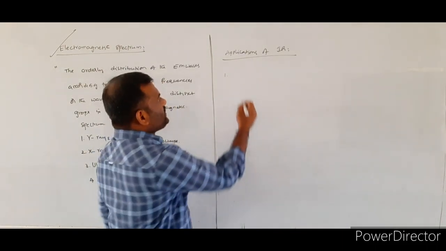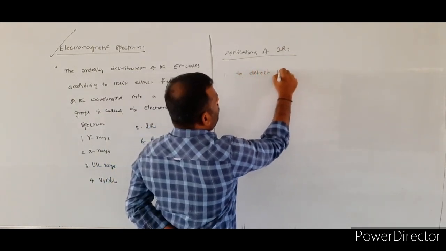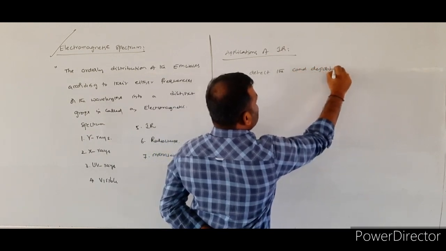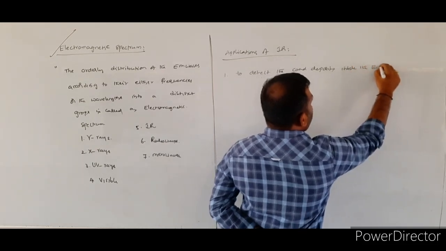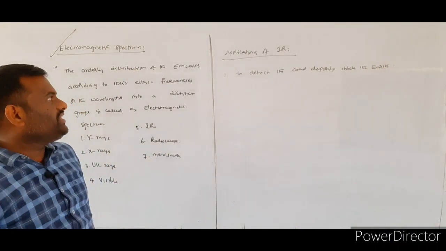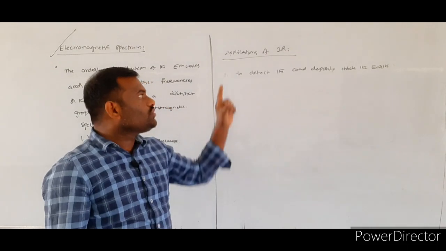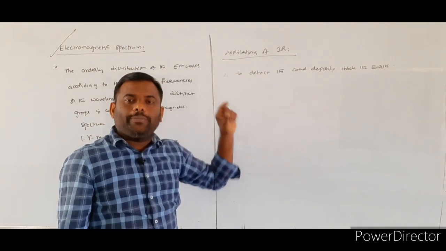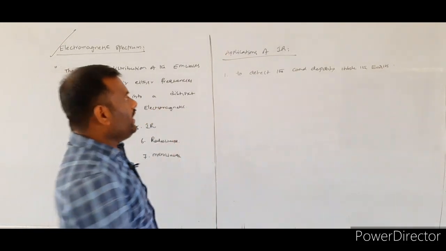So the first application is to detect coal deposits inside the earth. To detect them, we use IR radiation. By using it, we find the coal deposits present inside the earth.